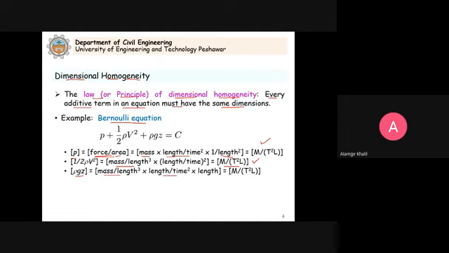And Z is the elevation, so it is measured in terms of length. So we get these as the dimensions. You can see here that for all the additive terms, the dimensions are the same.